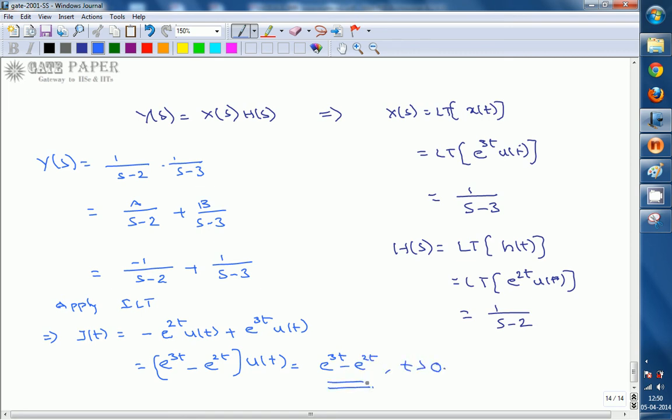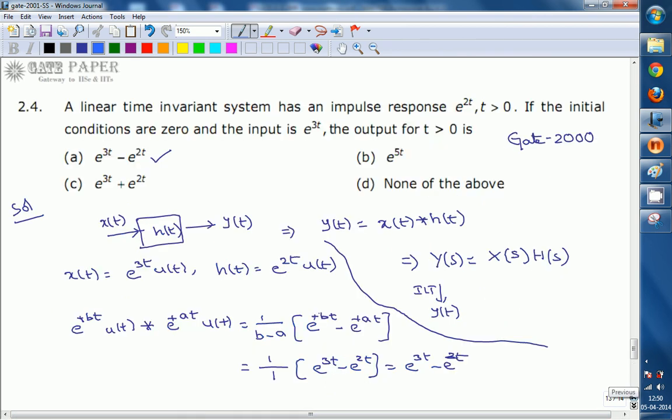That is the answer we got, the same as from the expression e^(3t) minus e^(2t). That is option A.